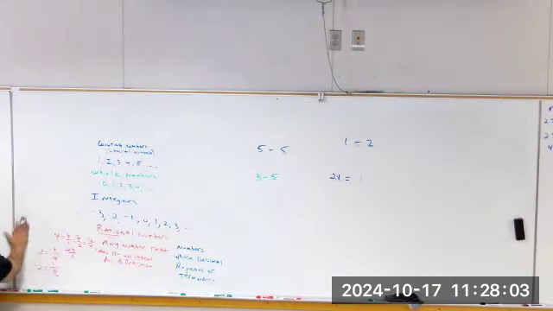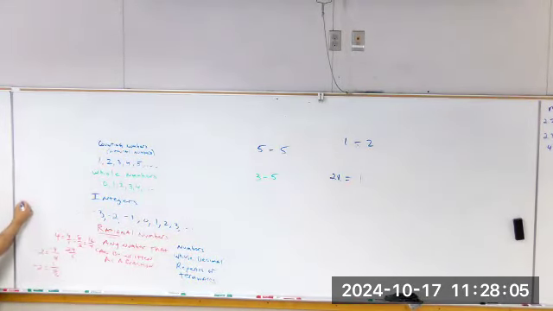I'm running out of room here. Repeating decimal: 0.4444 repeating is just 4 over 9. As a fraction, I can change any repeating decimal into a fraction. 0.75, that's a terminating decimal.